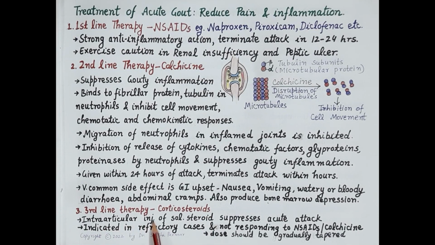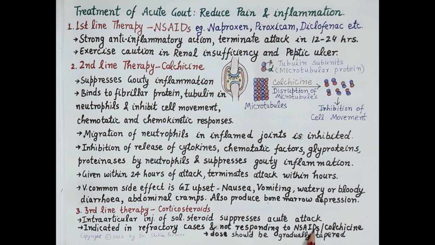Now, intra-articular injection of soluble steroids, that is injection within the joint, injection within the inflamed joint, suppresses the symptoms of acute attack. Now, steroids are indicated in refractory cases, that is those gout cases that do not respond to NSAIDs or colchicine.